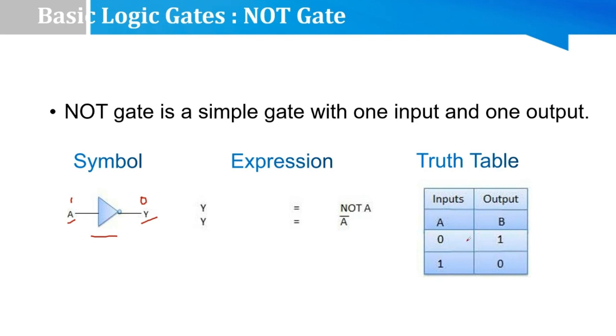The truth table has all possible conditions of inputs and outputs. Here the input is A, and you provide the input as 0. It will give the inverted value and you will get the output as 1. That is why it is represented as A bar.